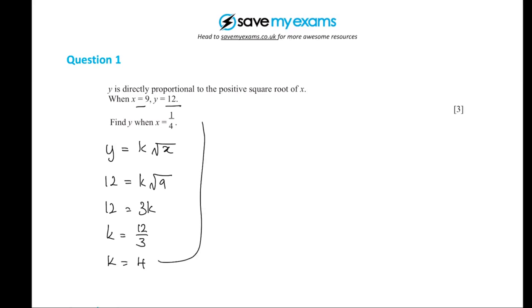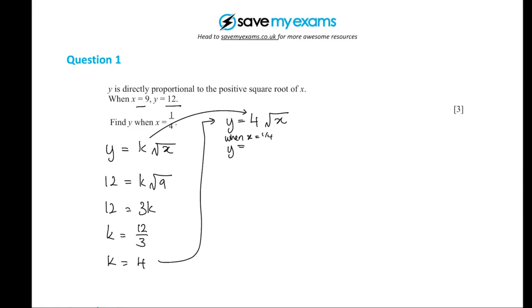Then we're going to rewrite the equation. y is equal to 4 square root of x, because we replace the k. Then we're going to use this one here. y is equal to, when x is equal to 1 over 4.